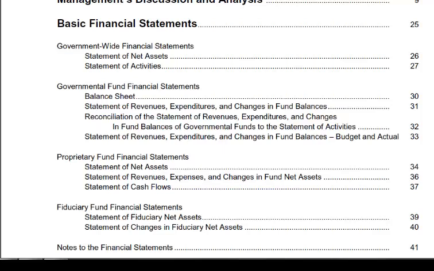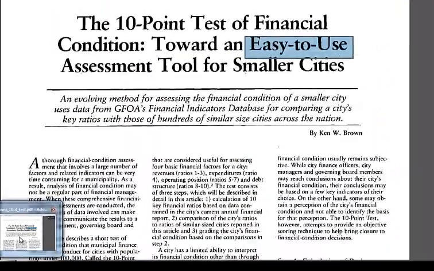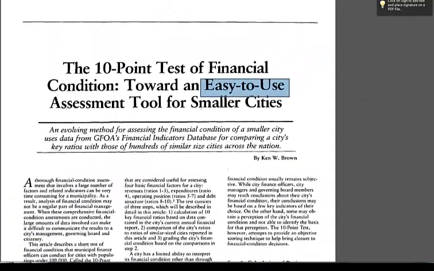So let's begin by looking at the Ken Brown piece, and to me the most useful place to begin is on Exhibit 1.